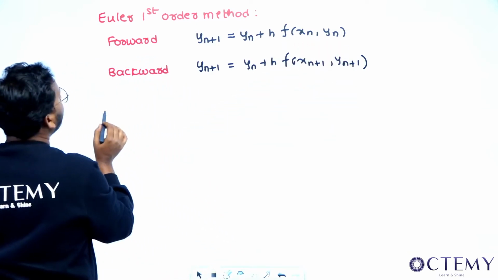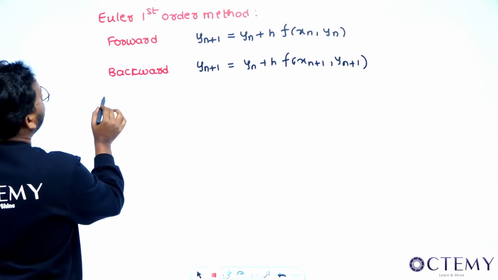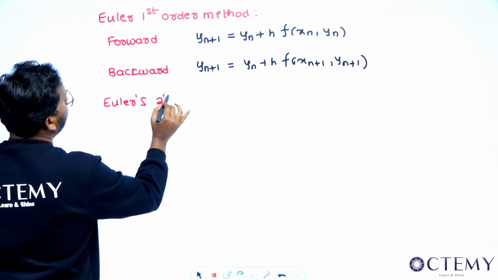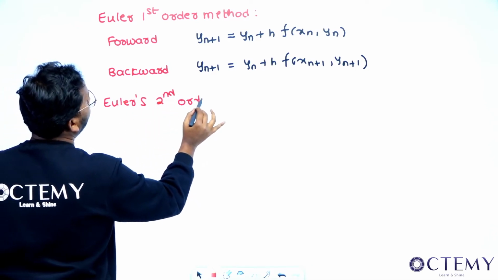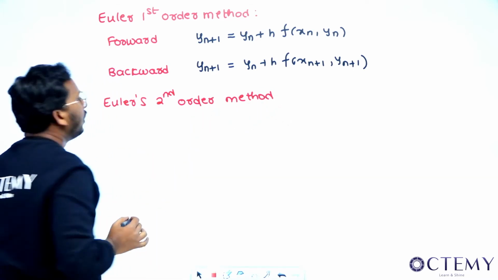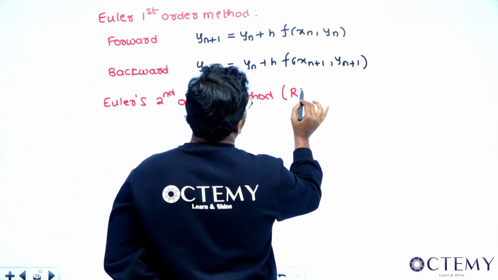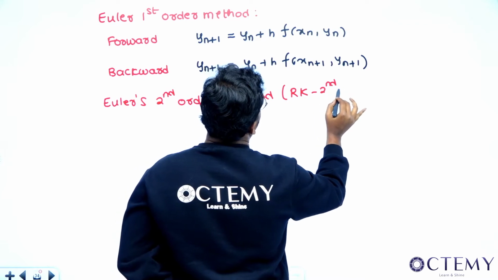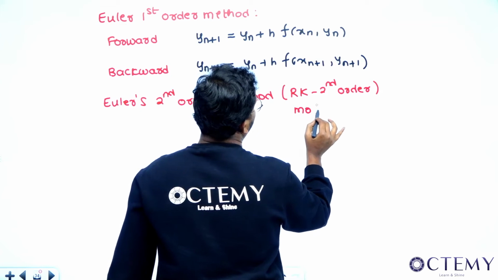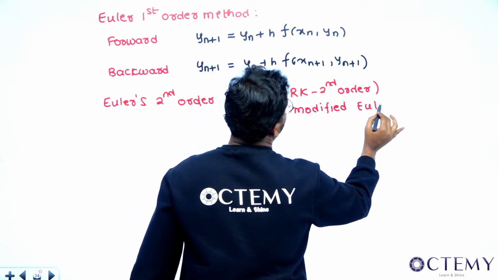Right? And what was Euler's second order, sir? Euler's second order method was also called what, sir? Euler's second order method is basically the Runge-Kutta second order method. This is also called RK second order, or modified Euler.